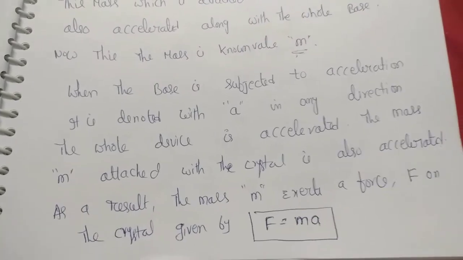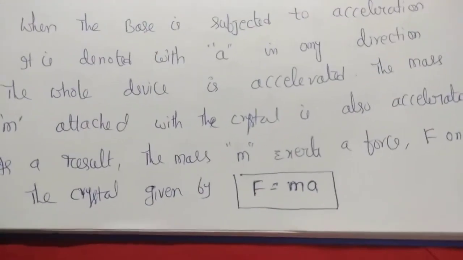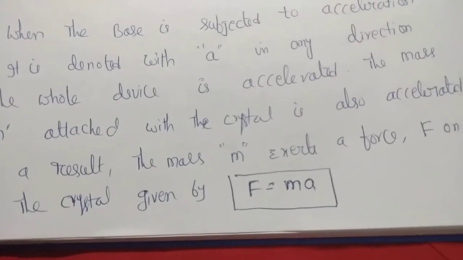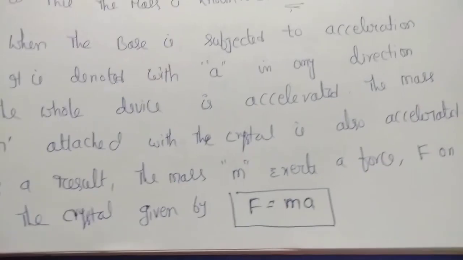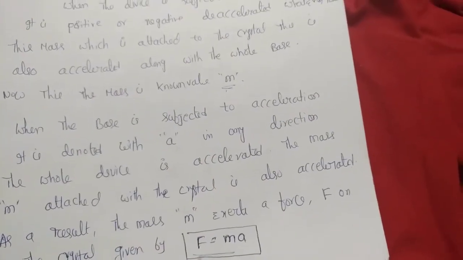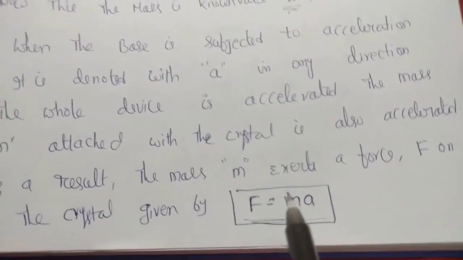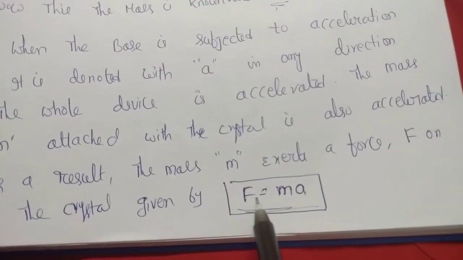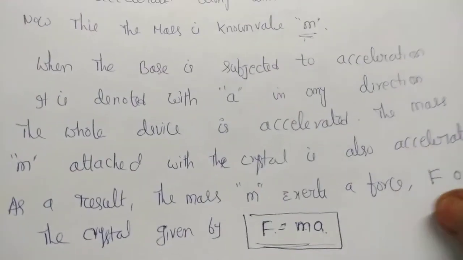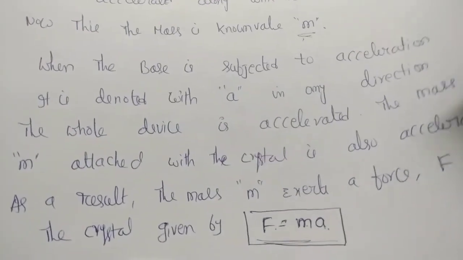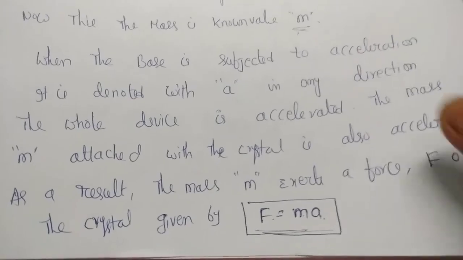As a result, the mass m exerts a force F on the crystal. The force on the crystal is given by F equals m a. F is force, m is mass, and a is acceleration.